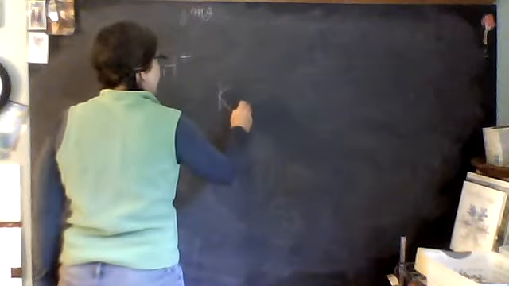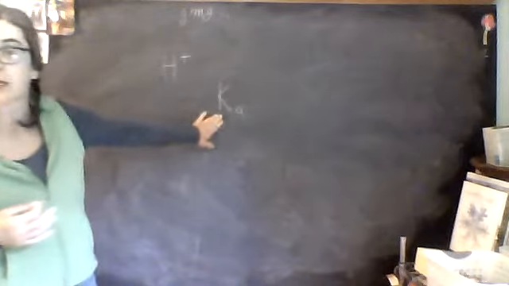So we're looking at the constant, the K, right? K, Ka, K subscript A. That refers to the acid ionization constant. So it's the equilibrium constant that we've been talking about, and it tells us what the constant is for the ionization reaction.